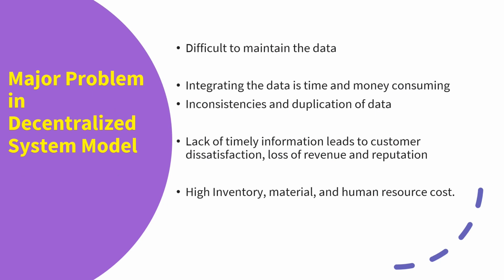Inconsistency and duplication can also be found in the data because every department is updating each other. Also, you can see a lack of timely information leads to customer dissatisfaction. Also we can see loss of revenue if the customer is unhappy, so they can switch the vendor as well. Also, we can find high inventory, material, and human resource cost in the decentralized model.